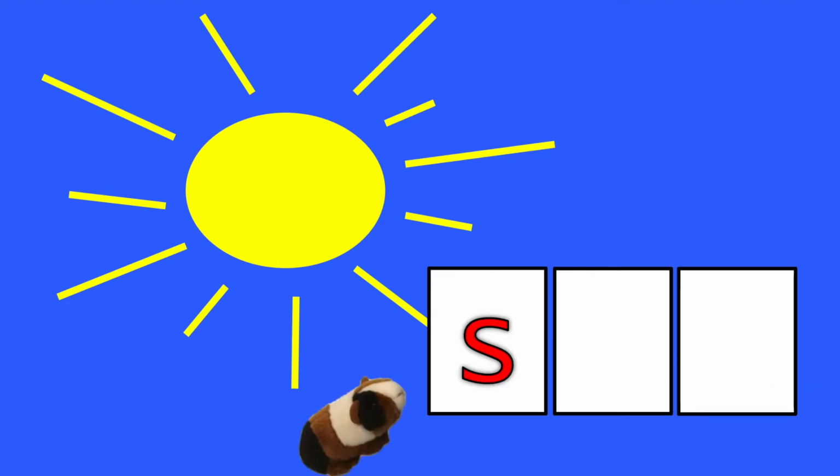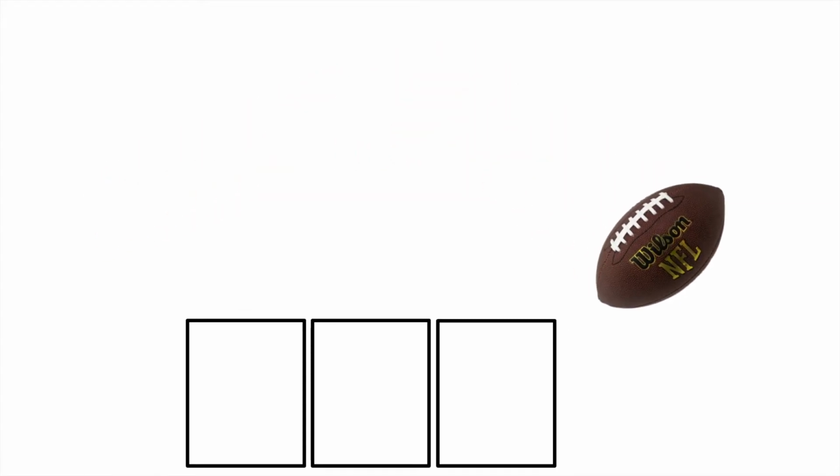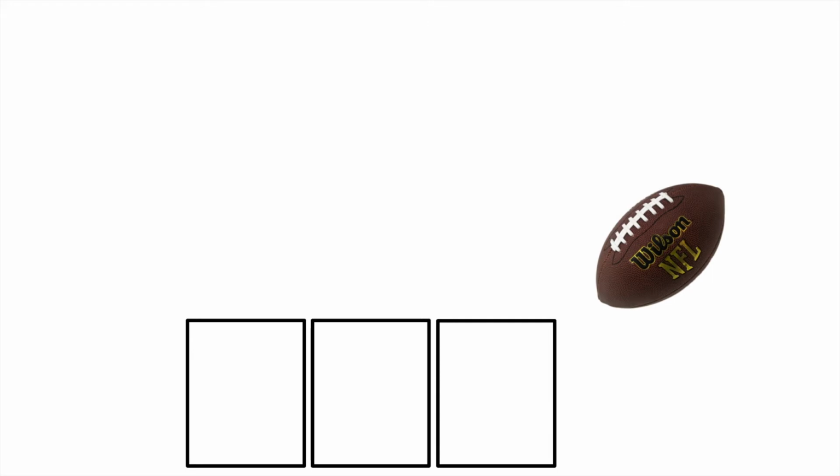The S sound was at the beginning. Did you get it right? Here's the next word. Pass. I pass the ball. Pass. Let's break it down. See if we can hear the 3 different sounds. P-a-s.